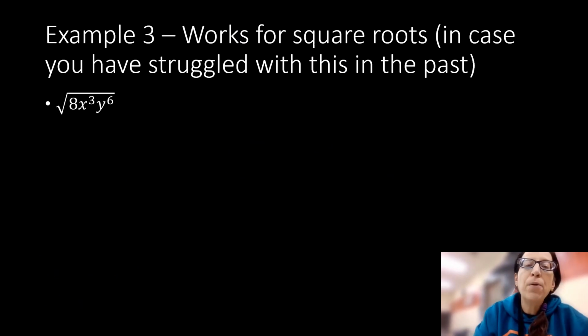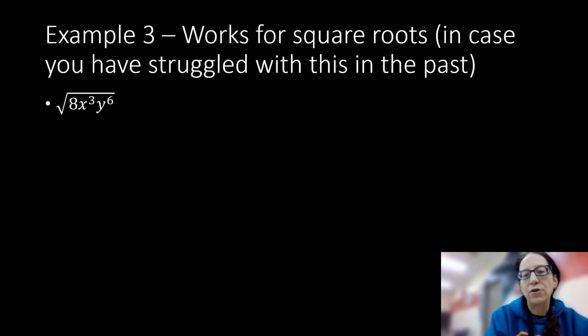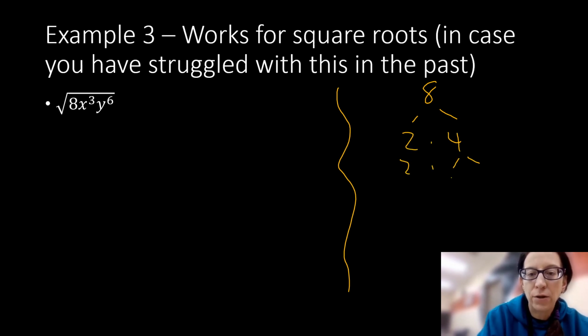All right, now example 3. This strategy also works for square roots in case you've struggled with this in the past. If you've had trouble simplifying square roots, and your classmates are able to get these answers, and you don't know where they came from, you can also use this strategy for square roots. Taking a look at the 8, it would be 2 times 4, and then you can factor that 4 into 2 times 2.